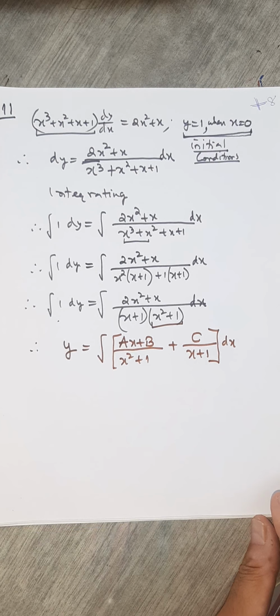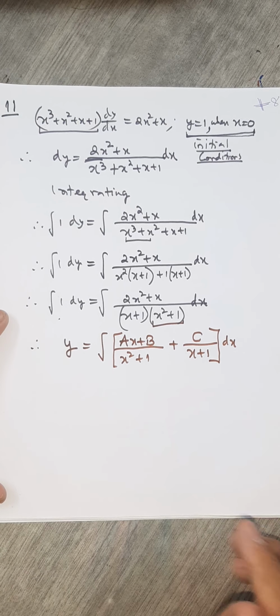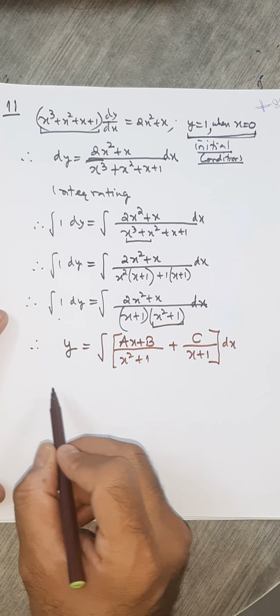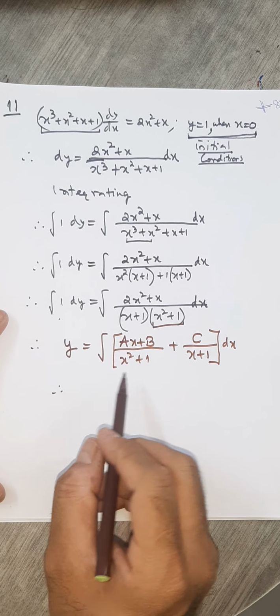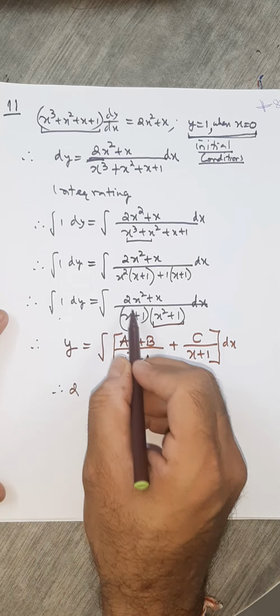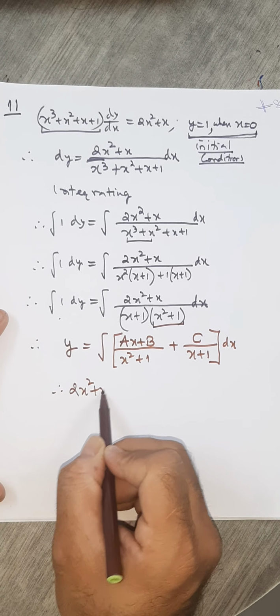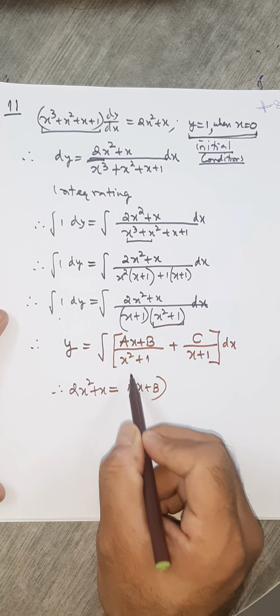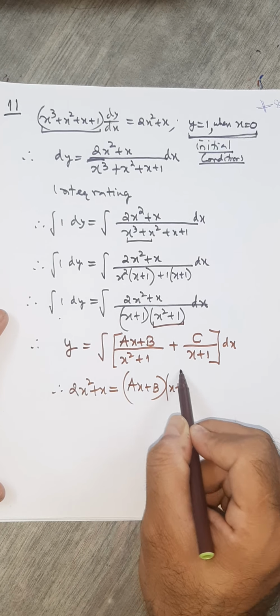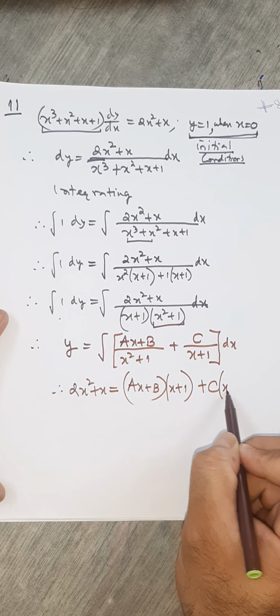Okay, now just compare the numerators and take the LCM here. So what I'll get here, I'm just comparing numerators: 2x square plus x equals ax plus b into x plus 1 plus c into x square plus 1.